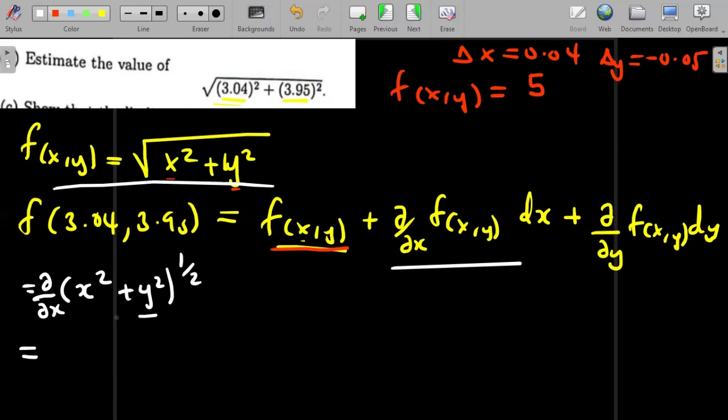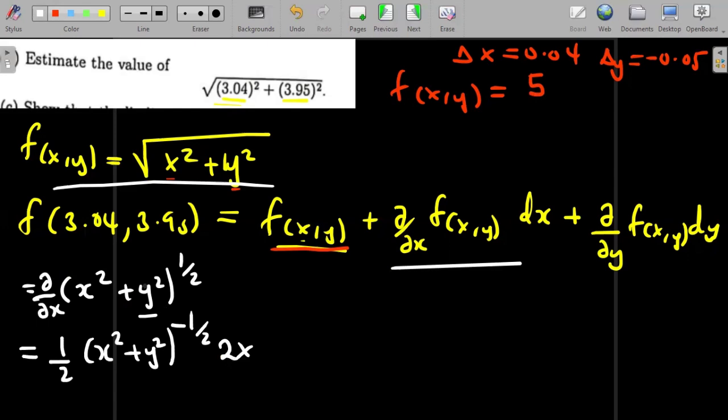When I differentiate here, by chain rule, I differentiate what's outside and get 1 over 2, then keep what's inside constant. Then I subtract 1 from the power, so I get negative 1 over 2 here. Then I differentiate what's inside, and I get 2x.